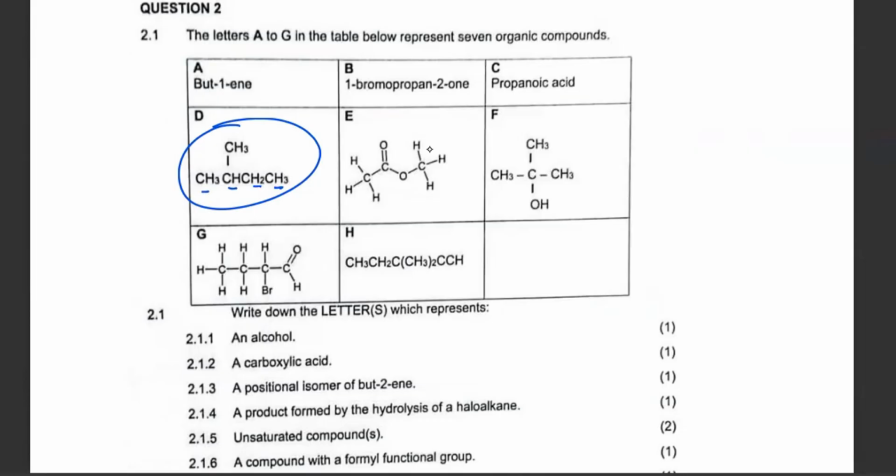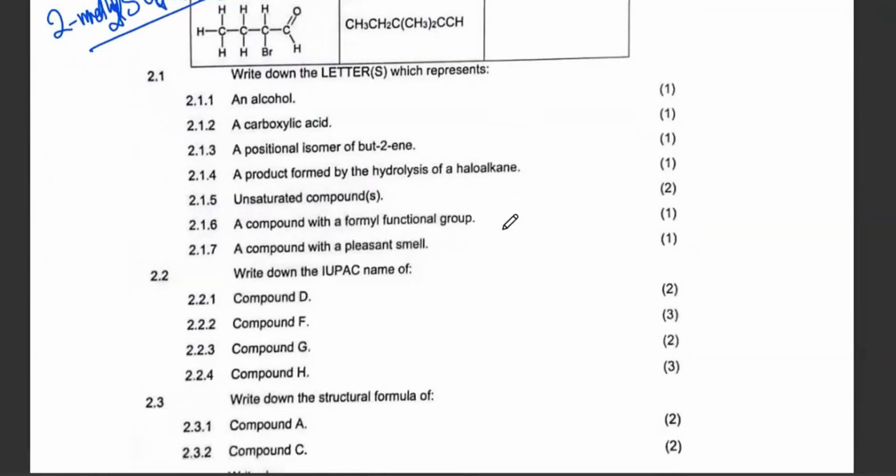If I go that side, it's also 4. So it's going to be butane. If I count from this side, it's 1, 2, 3. So it's 1, 2. So it's going to be 2-methyl butane. So that is the name you're supposed to give.